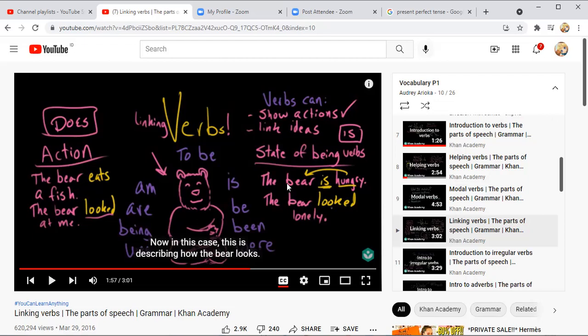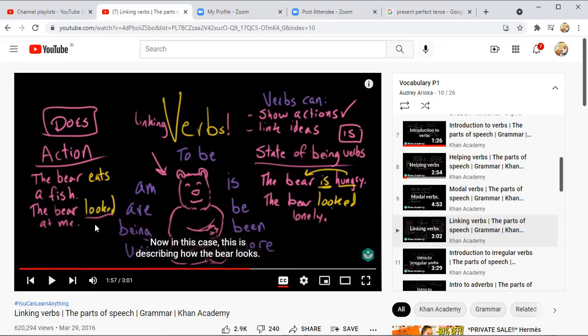The sleepy is actually referring to my state of being, right? Not just about doing something. It's my state of being. Jadinya itu kan perasaannya saya gitu kan, keadaannya saya pada saat itu kan, kayak the bear is hungry.